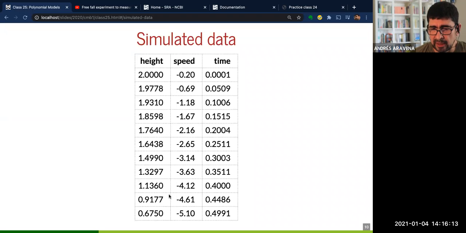And I get to here in like 0.4 seconds, 0.4 and 0.5. I travel the first meter between 2 meters and 1 meter in something like 0.42 seconds. That I think was the result that you got in your experiment, no? How much time does it take for 1 meter?